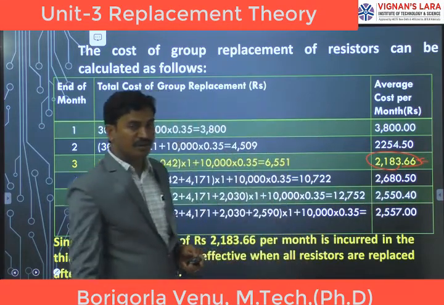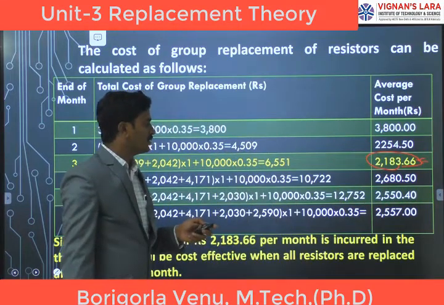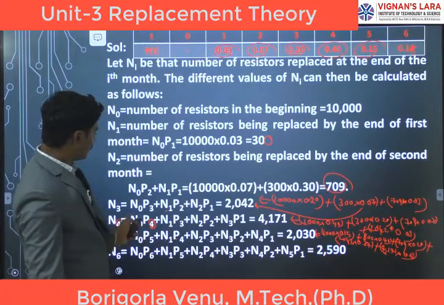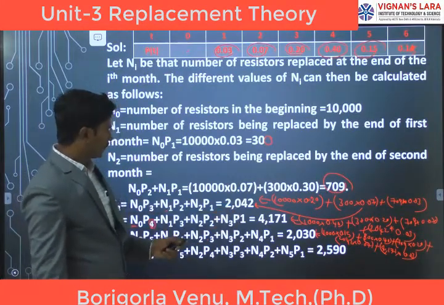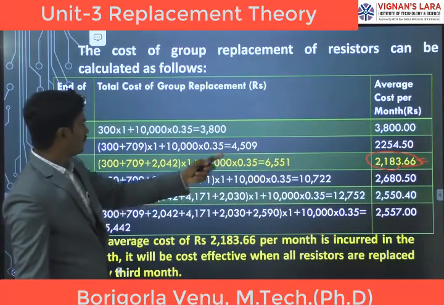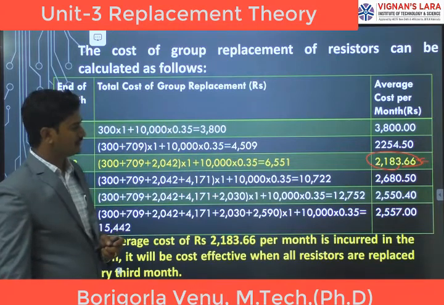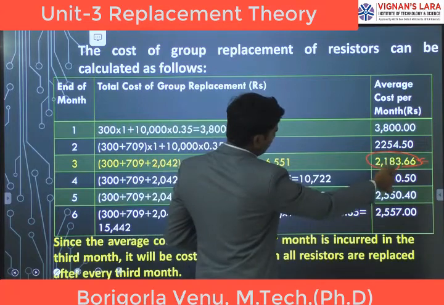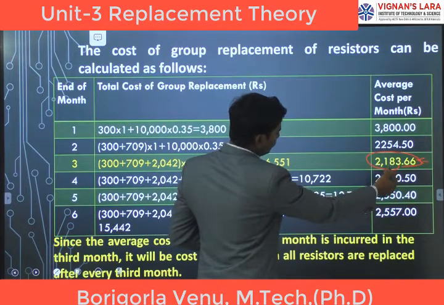If we replace individually, it costs more than that: at the third month, 2,042 for individual replacement, versus 2,183.66 for group replacement.